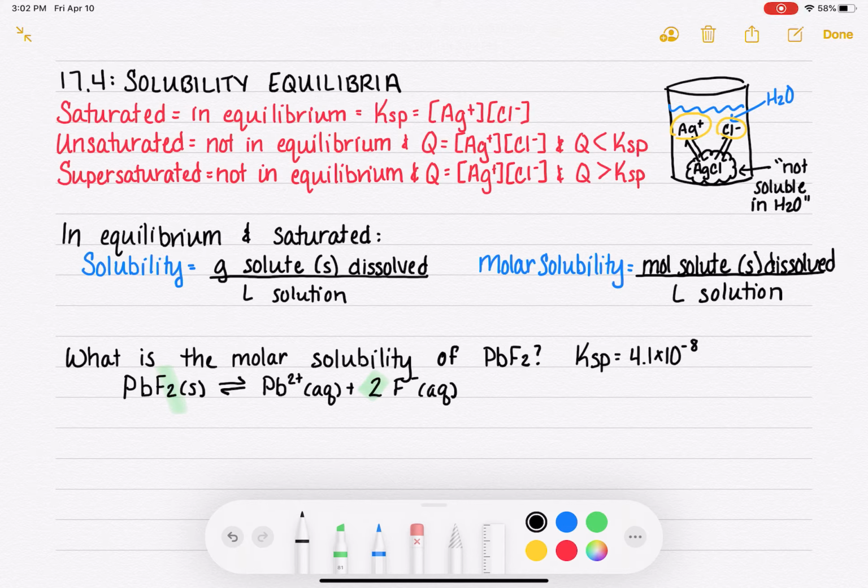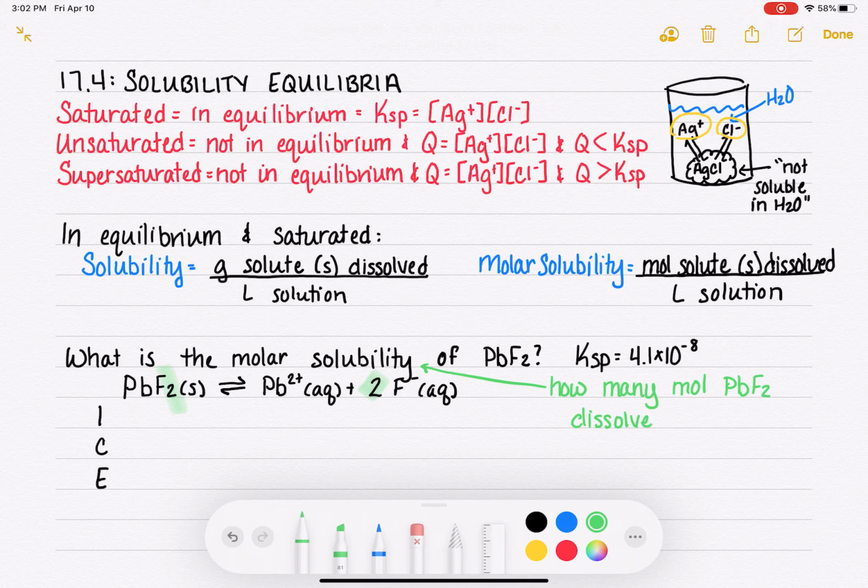So the solubility or molar solubility is going to be a term that's represented in the ICE table. Let's think about what it's asking us here. Molar solubility means how many moles per liter of PbF2 dissolve.